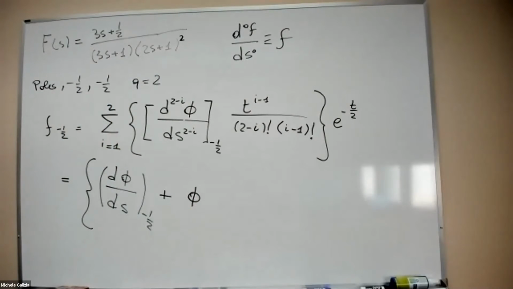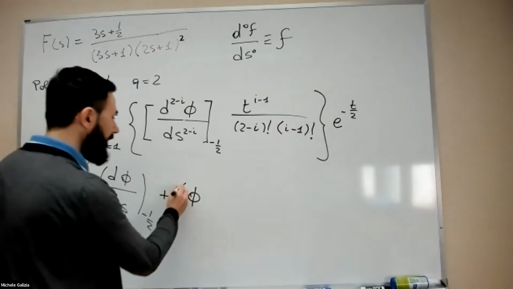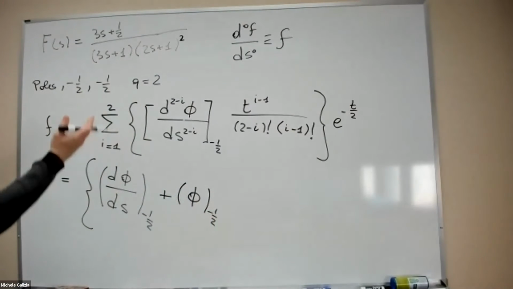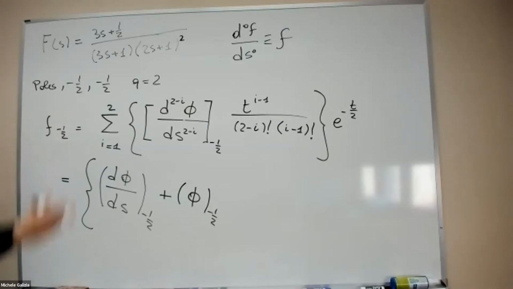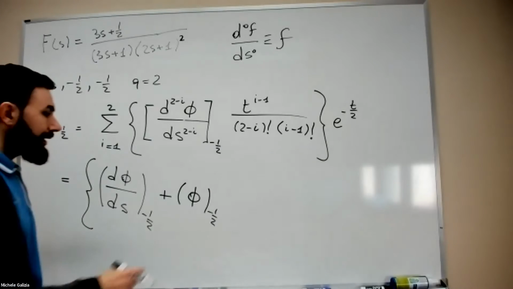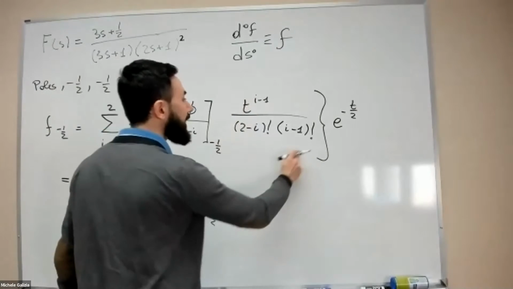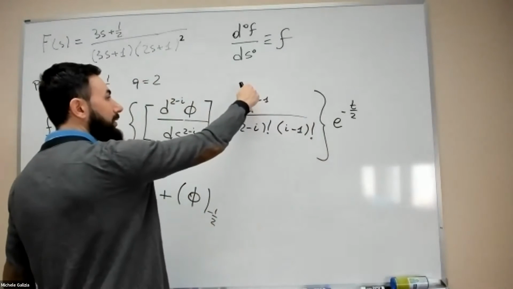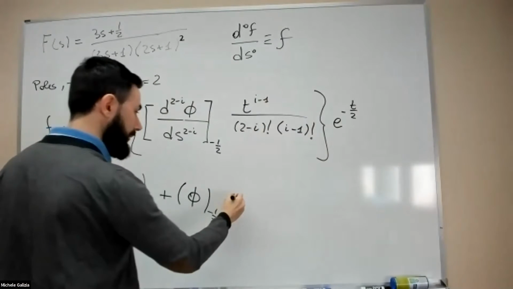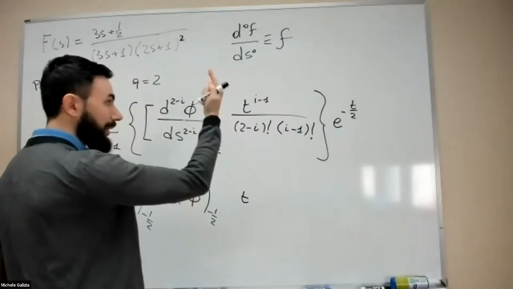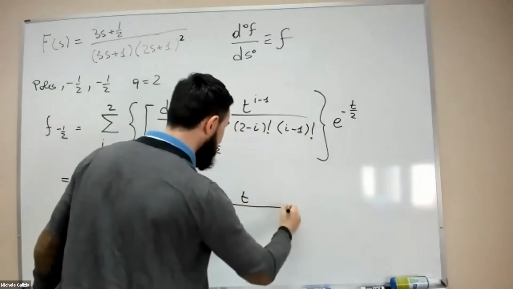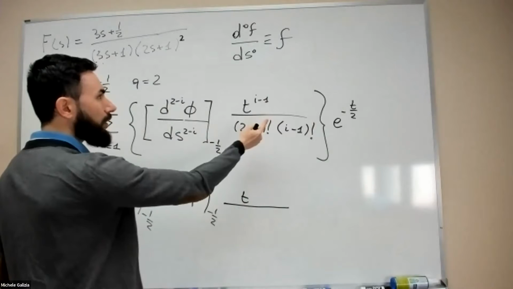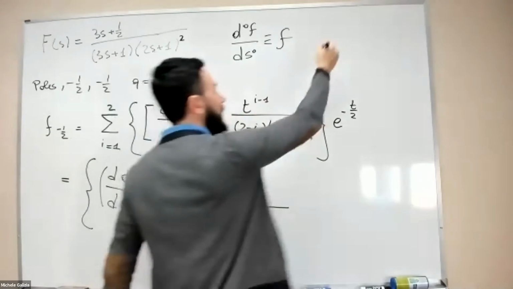Yep. So, phi calculated in -1/2, and we will figure out what phi is in a few moments, times this factor, time at 2 minus 1, which is time at 1, divided by 2 minus 2 factorial, which is 0 factorial.